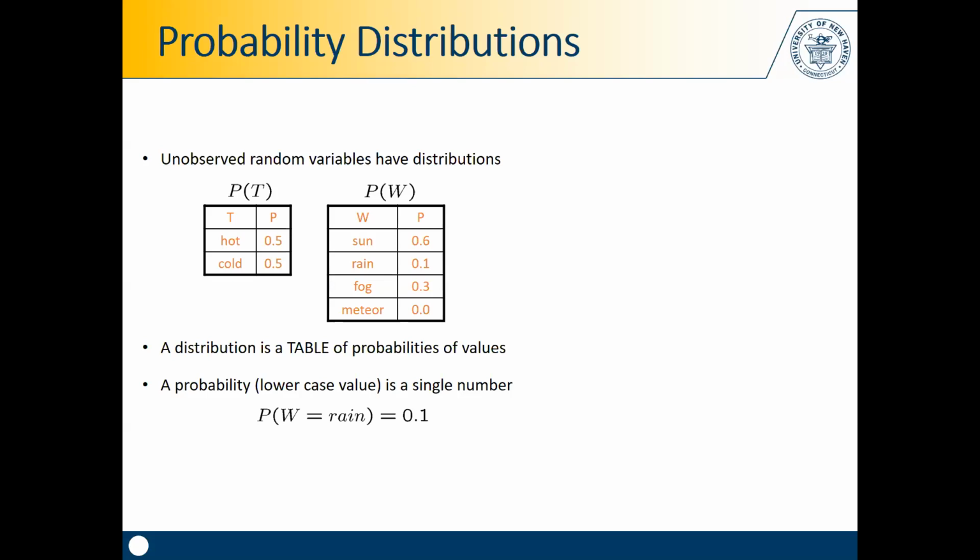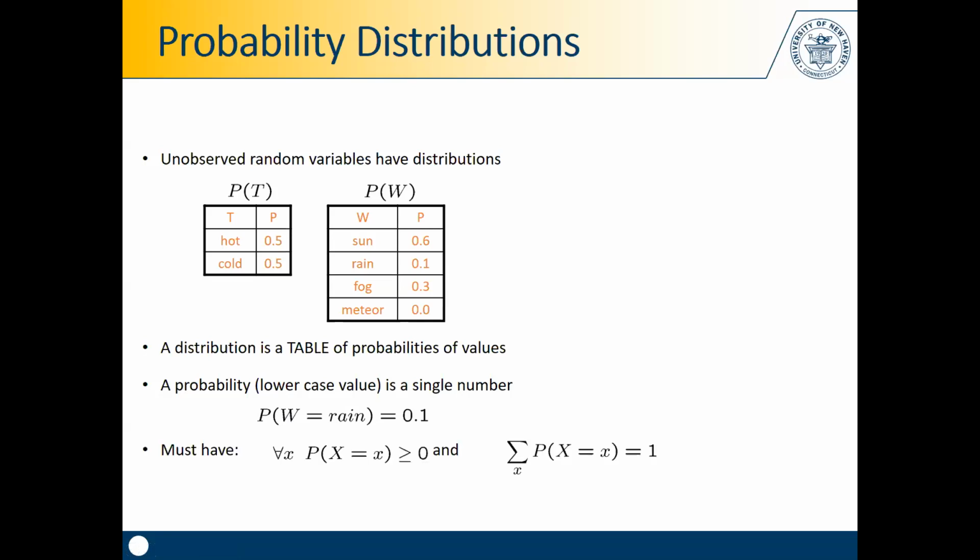A probability of a particular assignment of a particular outcome is a single number. So we can represent the probability of this assignment, the weather being rainy, with this notation: the probability of the assignment to the random variable W being rain is equal to 0.1.